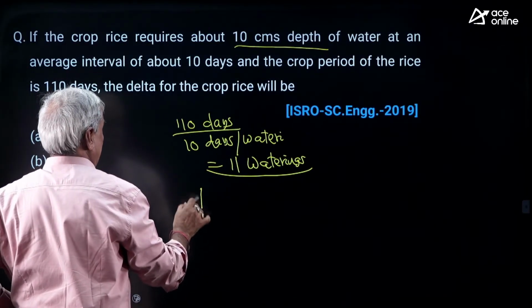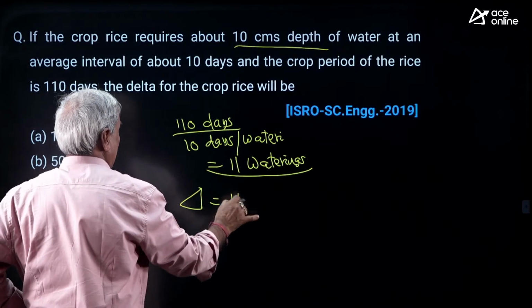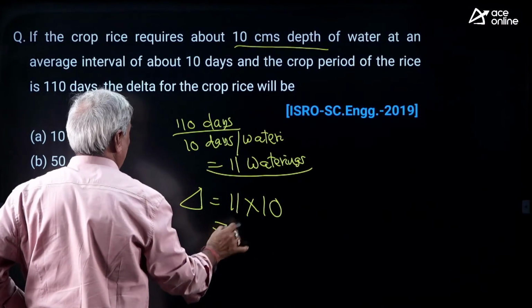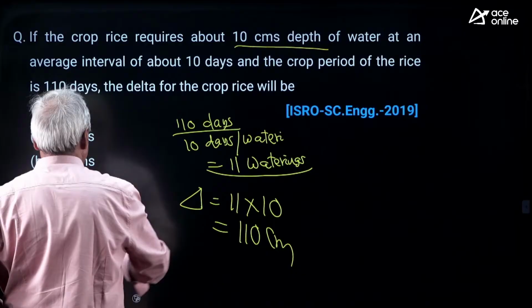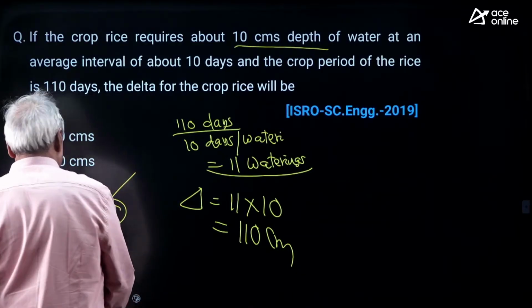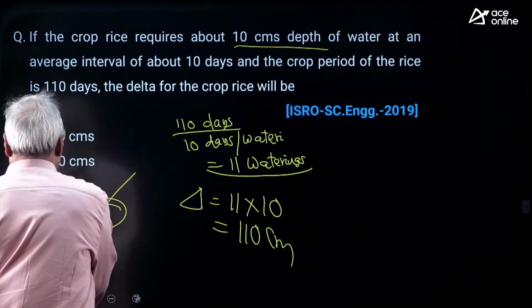So total water depth delta is equal to number of waterings into depth of each watering. Answer for the problem is 110 centimeters.